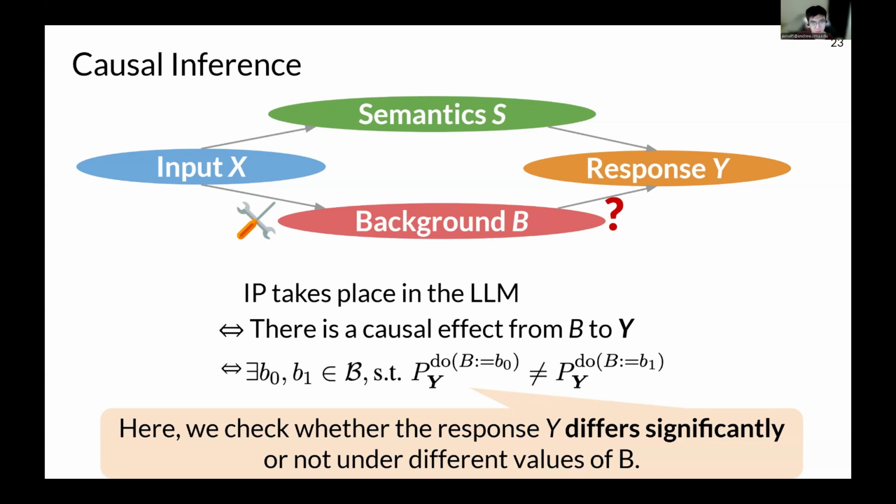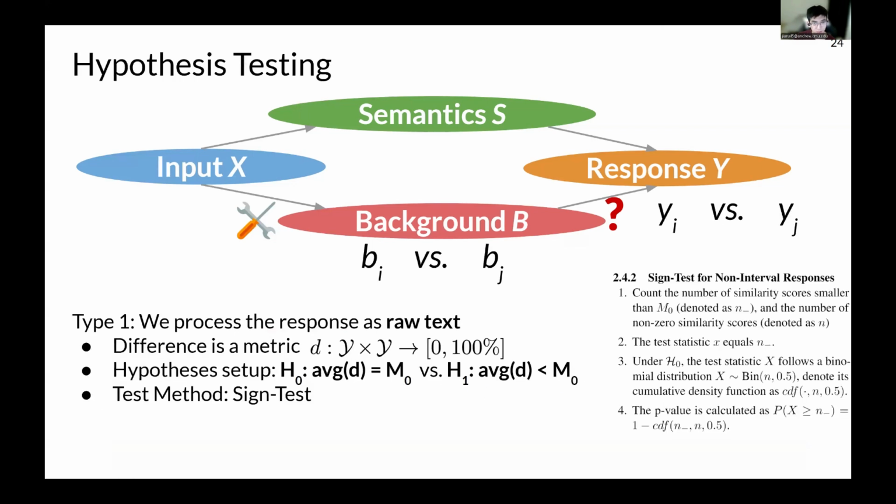To assess the significance of the existence, we can use different statistical hypothesis tests for different variable types of the effect. For example, for response Y in raw text, we first use a similarity measure to evaluate the similarity between the responses. Then the null hypothesis proposes that the median of the similarity is at the predefined level M0.